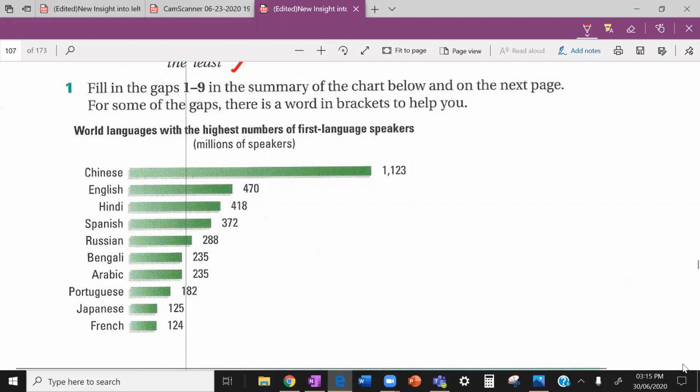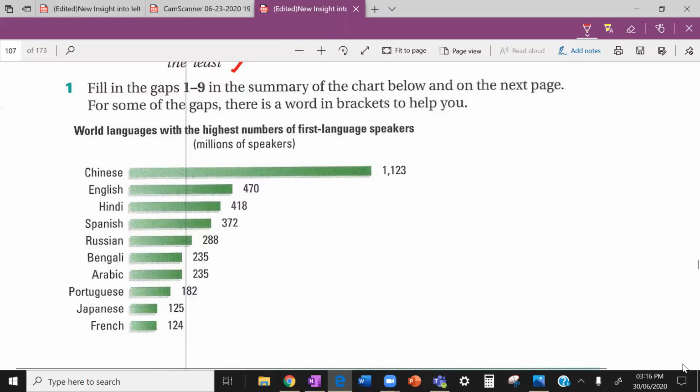This bar chart basically describes the number of people who speak the languages. So we can say that the bar graph depicts the languages with the highest number of first language speakers, and the people in millions.